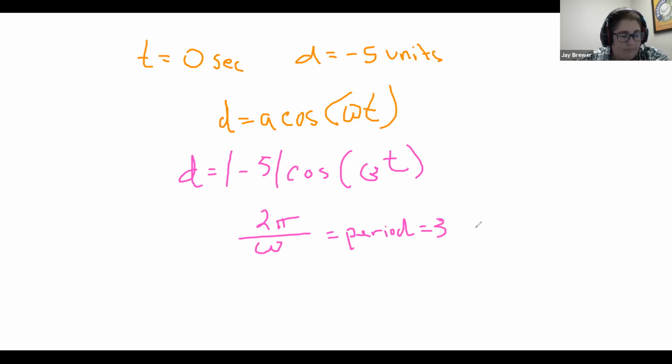So that means we have 2 pi over 3. Why did I go with 3? Think back to the problem. What's the problem tell you in it that makes sense?